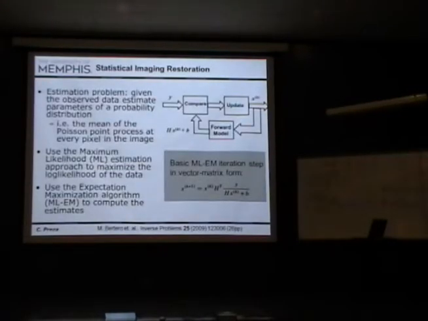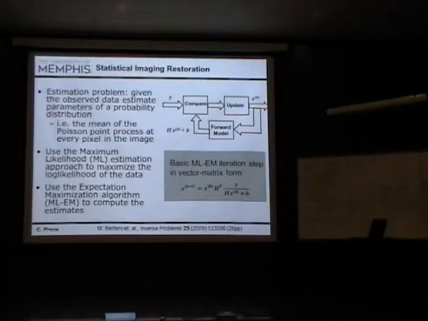The basic maximum likelihood expectation maximization algorithm that computes estimates for X is given by this equation, right? And what this equation does is better explained with this block diagram. So essentially, this is an iterative method, expectation maximization.